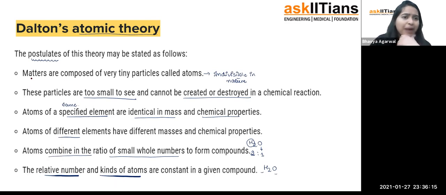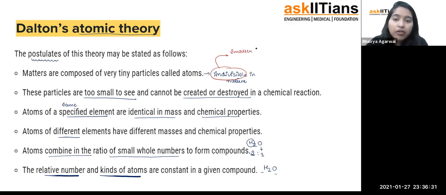Now, he's right that matter is composed of small tiny particles called atoms, but he was wrong when he said it is indivisible in nature. Because we know that atoms can further be divided into smaller fundamental particles known as electrons, protons, and neutrons.